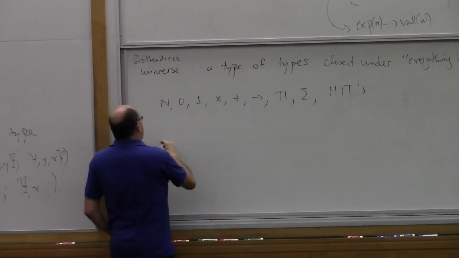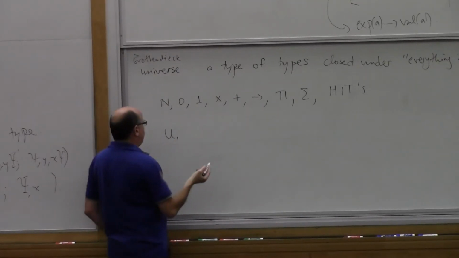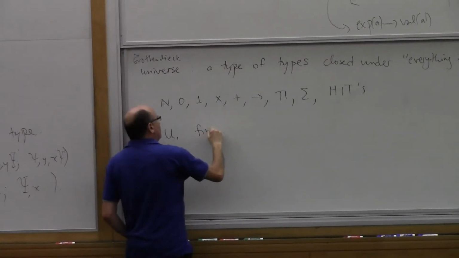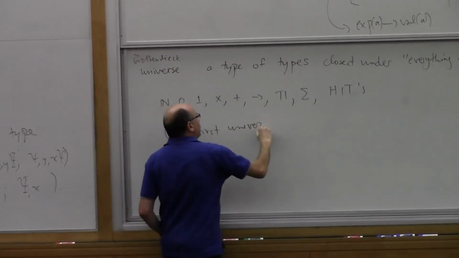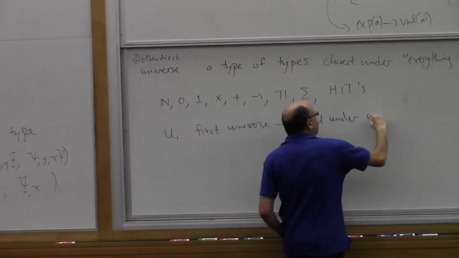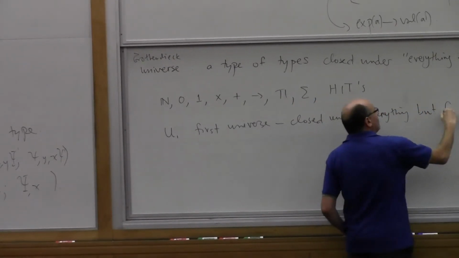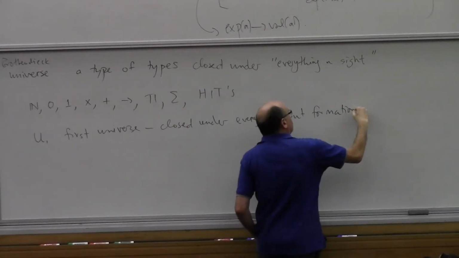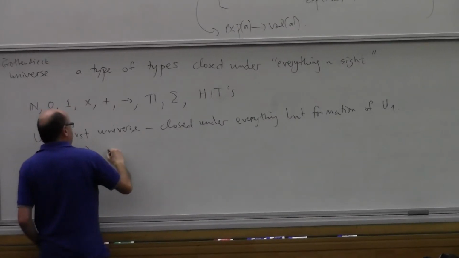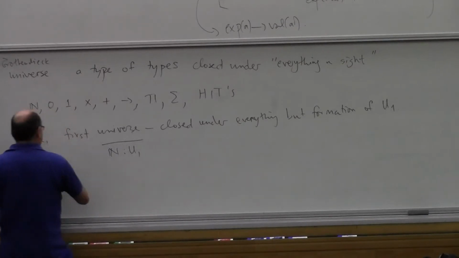So the idea would be I can introduce, let's say, U1, which would be like the first universe. It's closed under everything except, of course, itself, but formation of U1. So for example, we say U1 is a type.